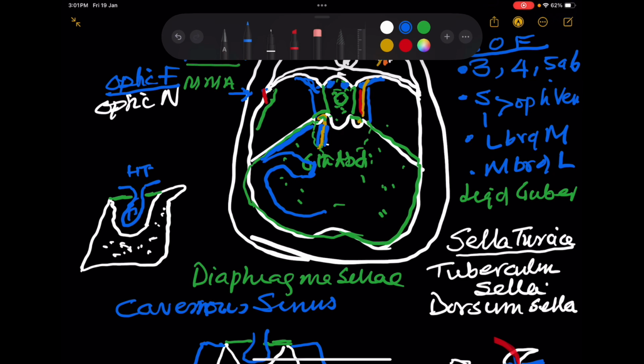Now this inferior petrosal sinus connects to the sigmoid S-type sinus and becomes the internal jugular vein. So when this nerve is lying in the vein, this is called the canal of Dorello.